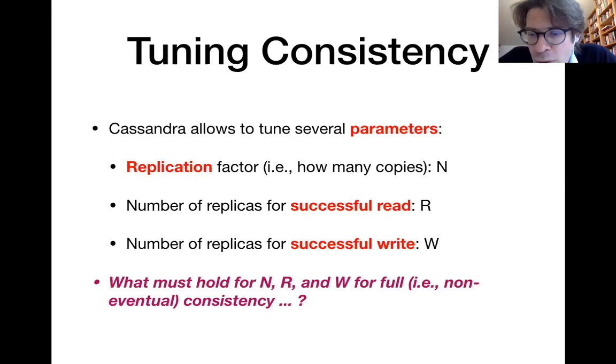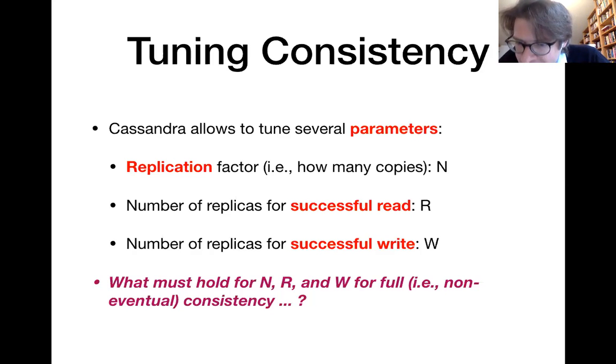Yes, if you would require that, then you would guarantee a strong consistency. Of course, it means that you would not be available if at least one of your nodes has currently failed. So it is relatively restrictive. This proposition is absolutely correct, but there's a couple of other possibilities to ensure the same thing.